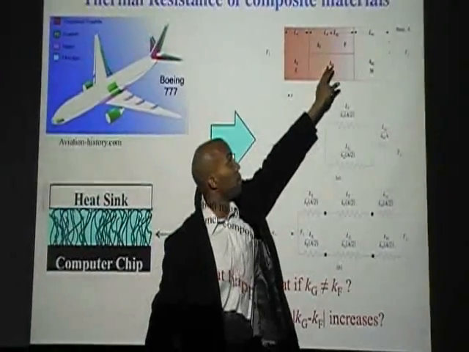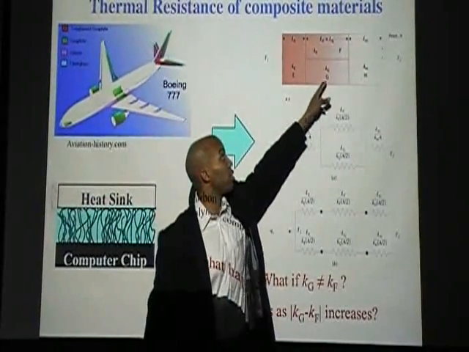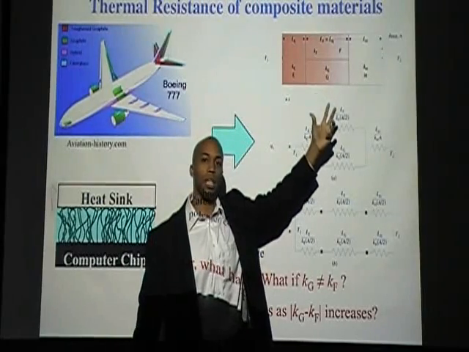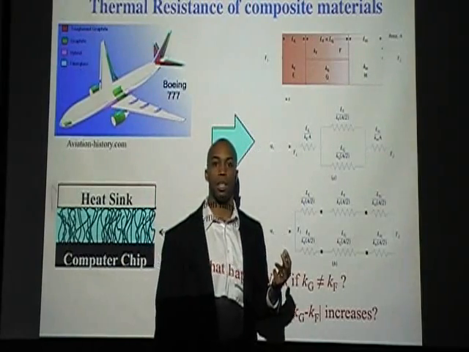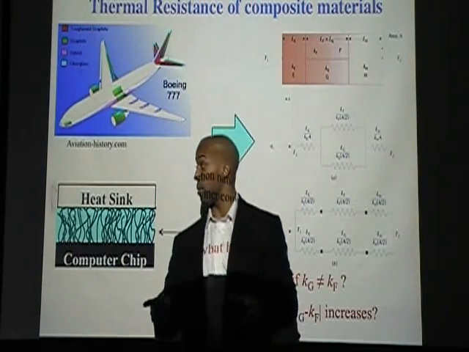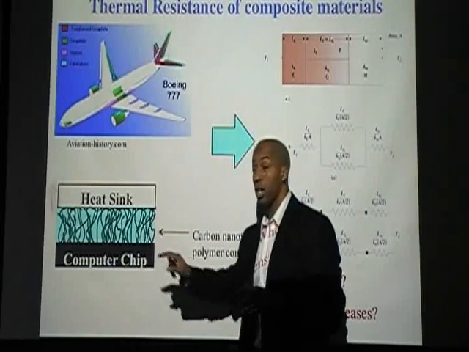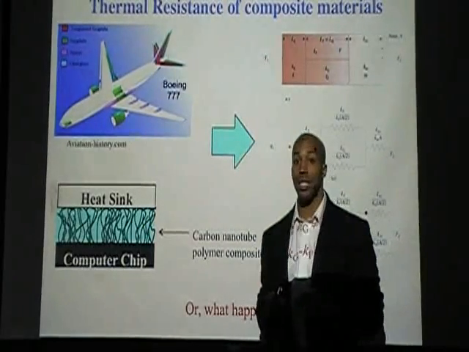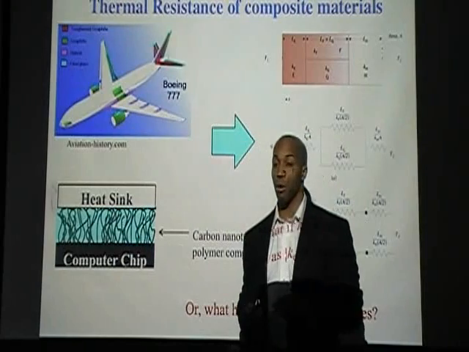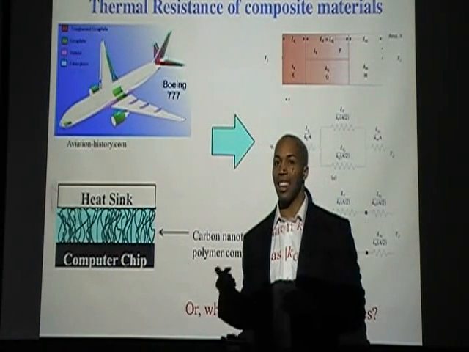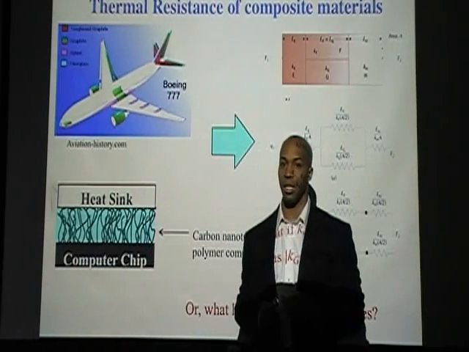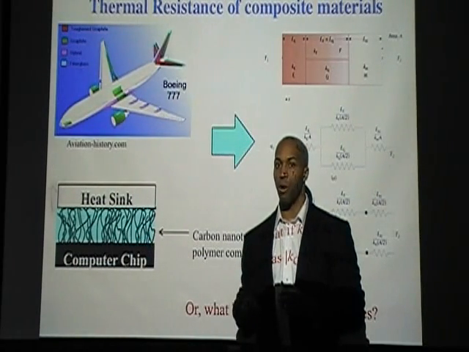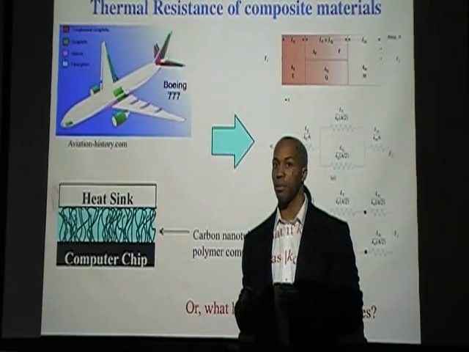Material G has a really high thermal conductivity, and material F has a very low thermal conductivity. That's actually very close to the carbon nanotube composite system. Carbon nanotubes have thermal conductivities that can be as high as thousands of watts per meter Kelvin, and polymers have thermal conductivities that are usually fractions of a watt per meter Kelvin, maybe around 0.5 or 0.3.